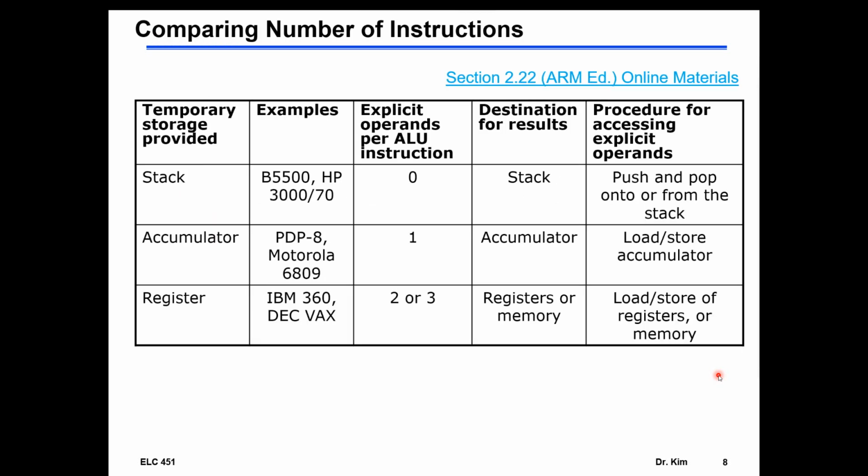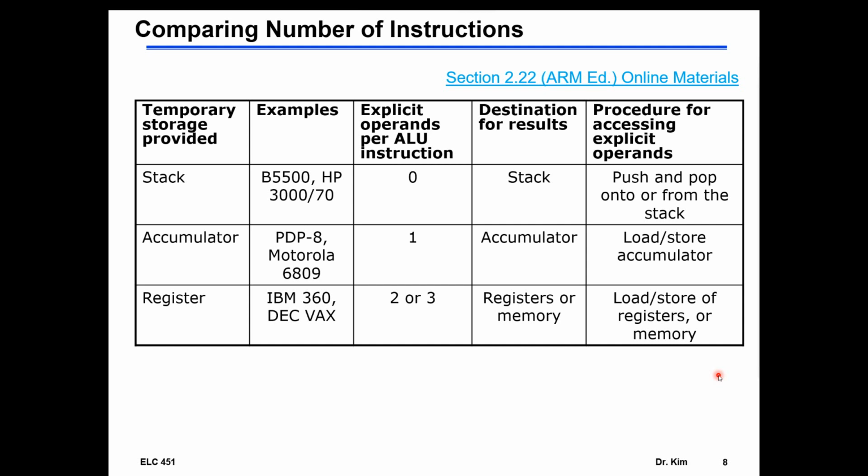So as an example of different machines, we can see these machines, these are just model numbers. Like the B5500, that was a stack architecture, an older type of processor. The PDP-8, that was very popular in the 1970s, early 80s, even late 80s, was an accumulator.